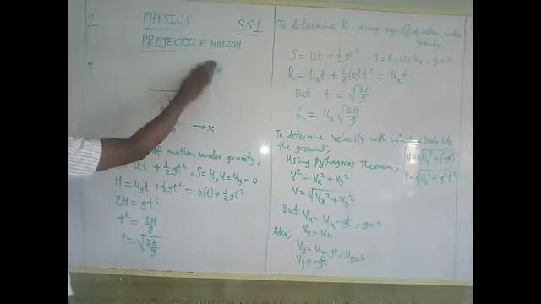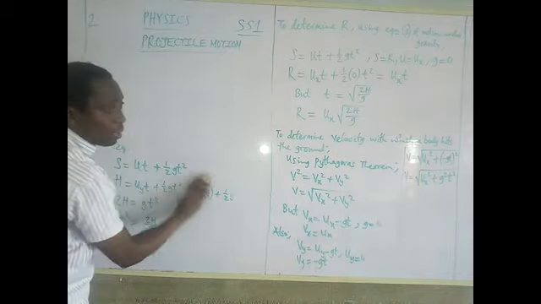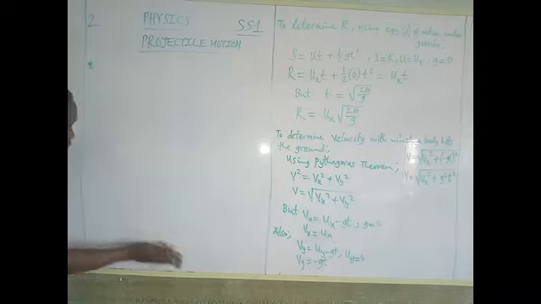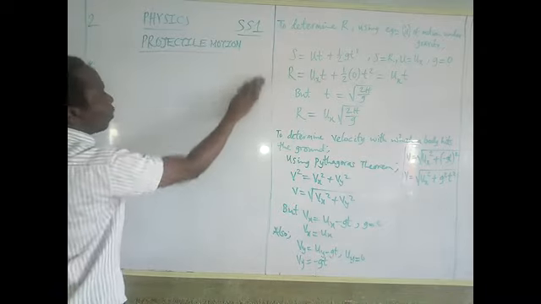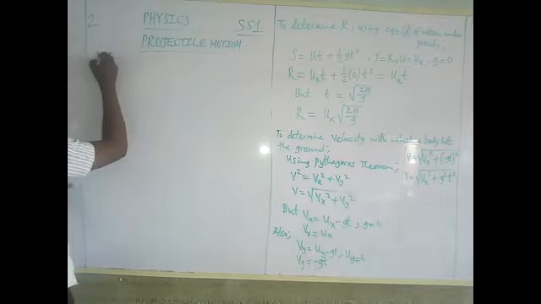I don't have the time now to start writing the questions on the board. I will extract the given data. From there, we now solve for the required. Now, question says, a body is projected horizontally from the top of a vertical cliff, 40 meter high.